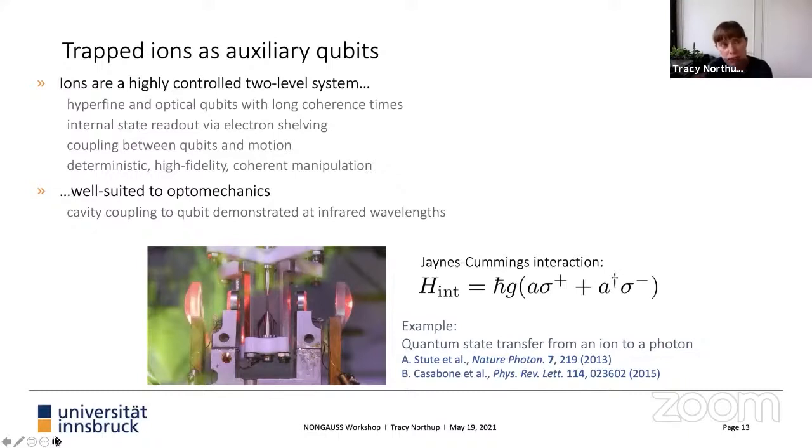It's at infrared wavelengths, which is really nice experimentally, in terms of frequency that transmits well through fiber and is easy to work with. So that interaction that I wrote down earlier between the light field and the two-level system in a cavity is the Jaynes-Cummings interaction. We've looked at it, for example, as a way to transfer a quantum state from an ion to a photon.